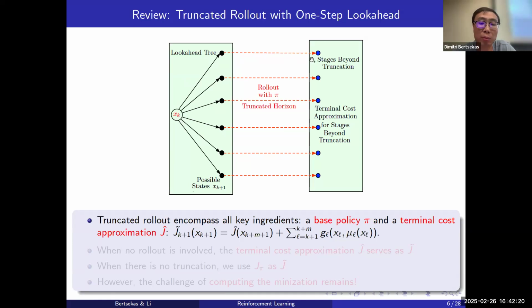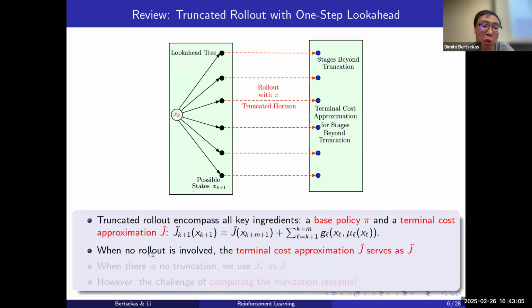We run for a number of stages, let's say m, and then plug into the terminal cost approximation, which we denote by J hat. Then compared against the previous figure of one step look ahead, effectively, the J tilde used in this one step look ahead scheme will be the running cost, the stage cost, summed up under the base policy, and then plugging into the terminal cost J hat beyond the truncated horizon, right? So this will be the effective J tilde.